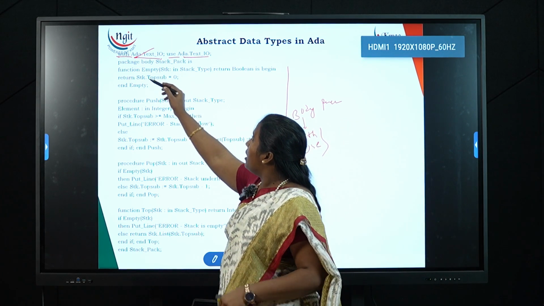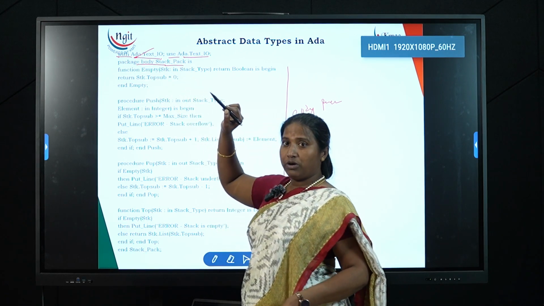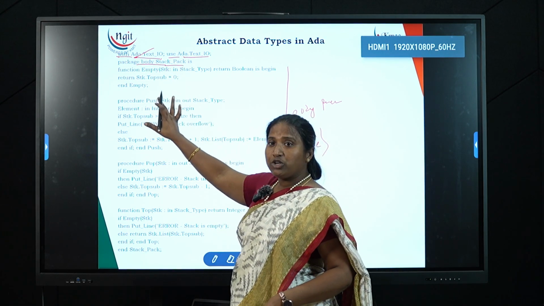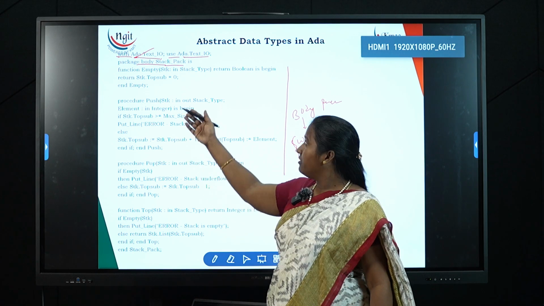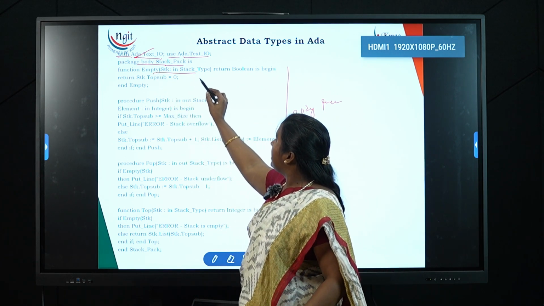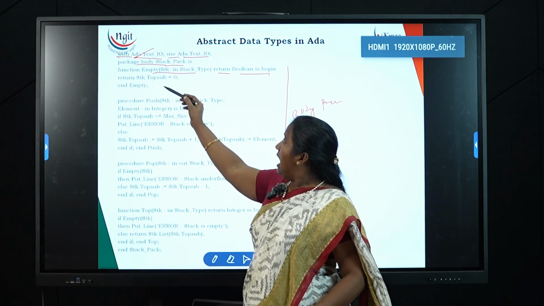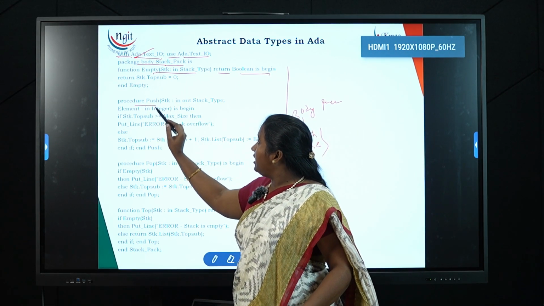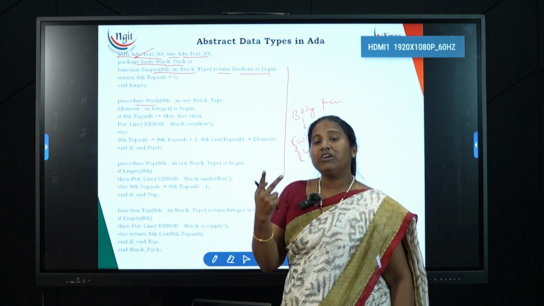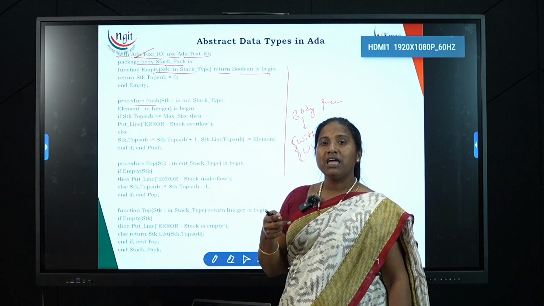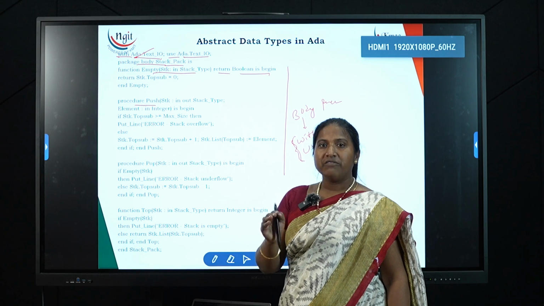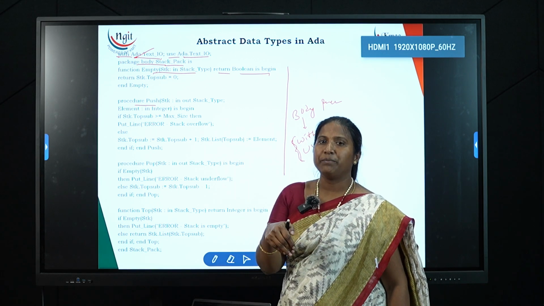Now we'll move here. Package body stack pack is what? This part is going to have the implementation part. Fine. Function empty, stack in stack type, return as boolean. So that's what returns a value. And procedure push has two conditions. When do we generally push an element into the stack? When the stack is empty, the push operation can be done.